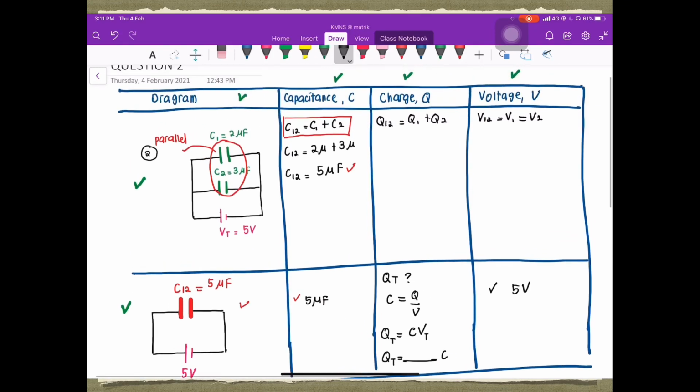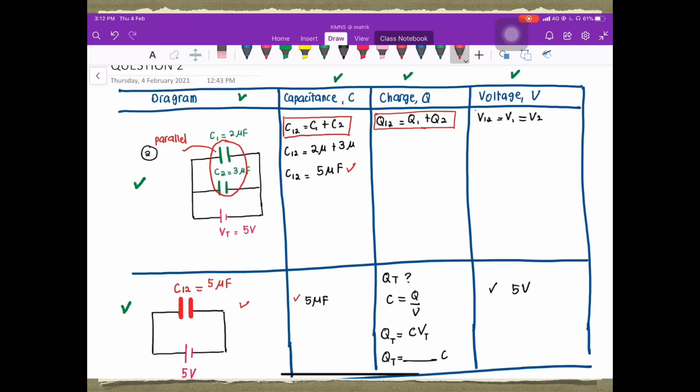Next, looking at the characteristic of the charge for the parallel combination, this is the equation: Q12 equals Q1 plus Q2.